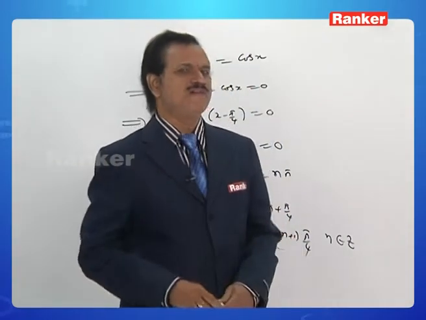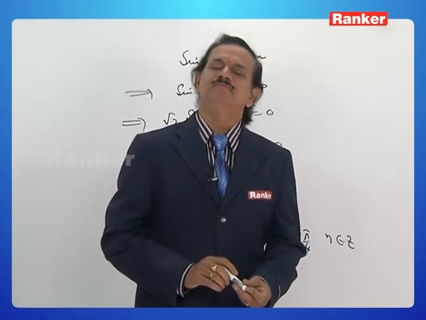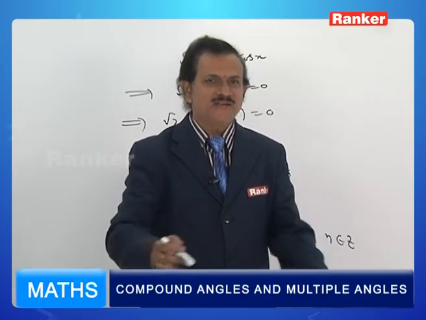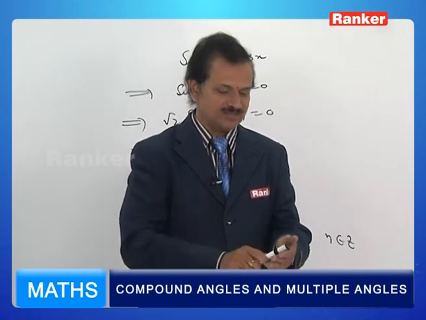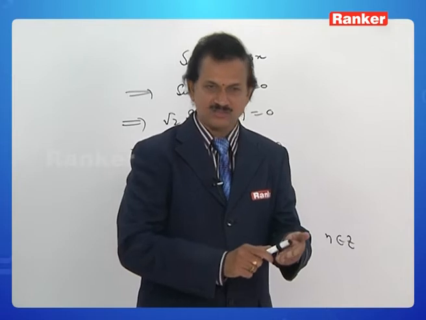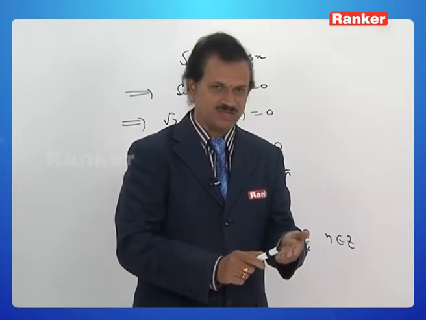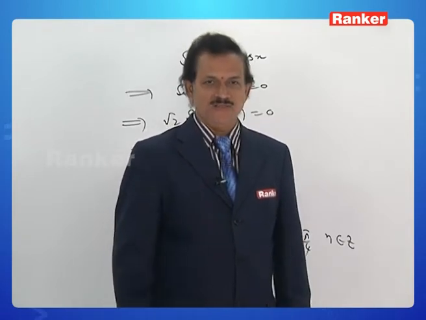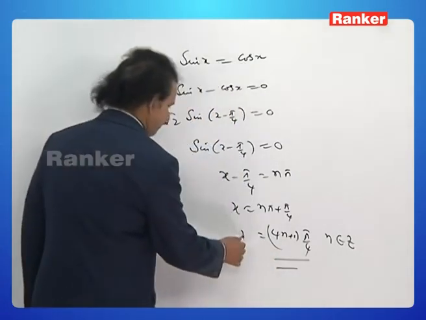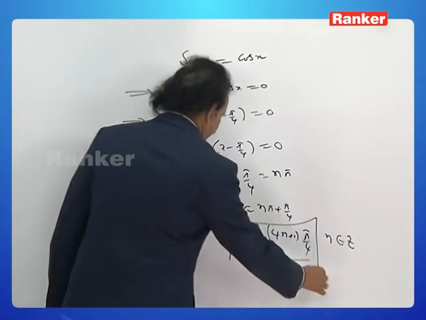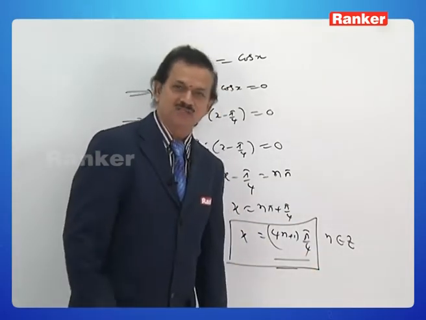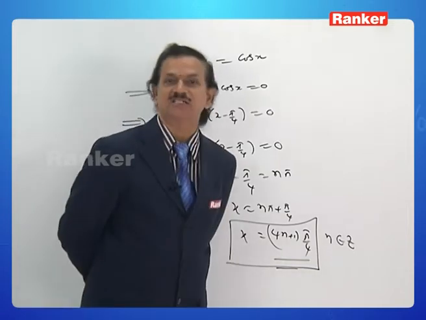By making use of that, we could have known the interval in which sin x is less than cos x, the interval in which sin x is greater than cos x, and the interval in which sin x is equal to cos x. This is the most useful information, my dear. Don't forget it. It is very, very important. While dealing with the chapter solution of trigonometric equations, this helps us a lot.